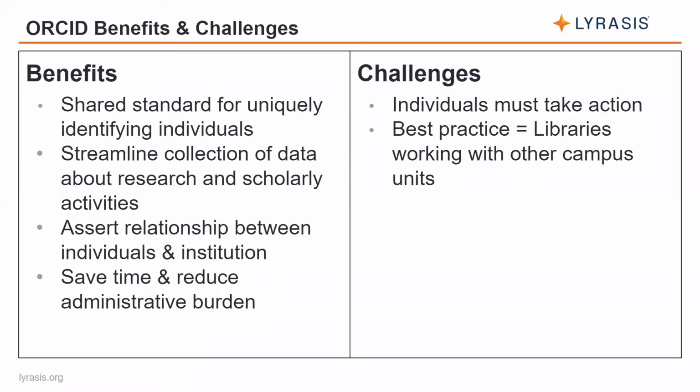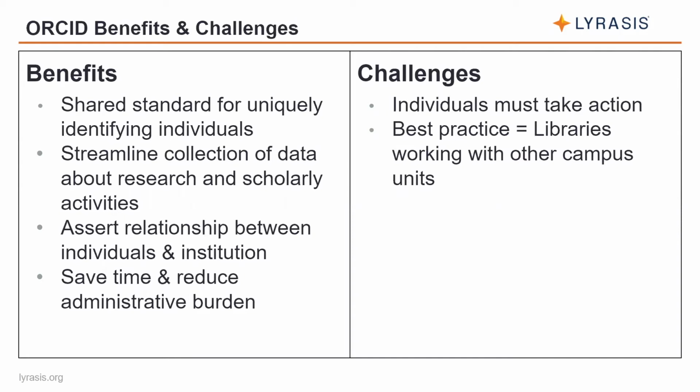ORCID serves as a shared standard for uniquely identifying individuals, and organizations can benefit from using ORCID to streamline collection of data about research and scholarly activities, as well as assert affiliations between individuals and the institution to confirm employment, education, or other activities associated with the institution.